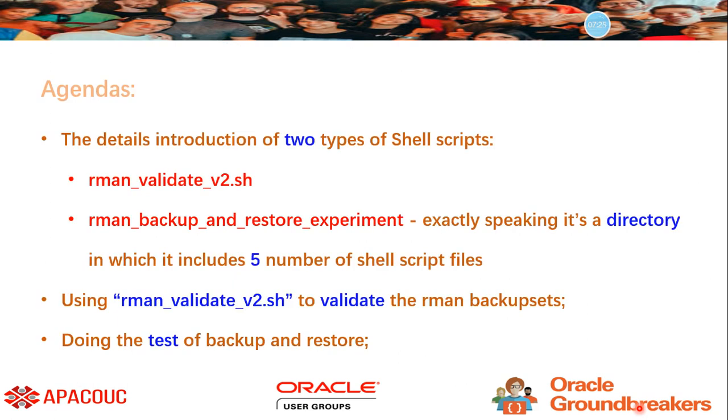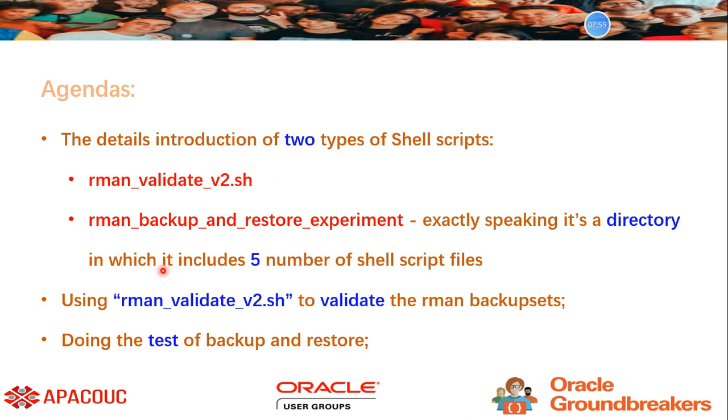The agenda of my session contains the following 3 sections: the detailed introduction of 2 types of shell scripts; using RMAN validate version 2.sh to validate the RMAN Backupsets; and regularly doing the test of RMAN backup and restore.